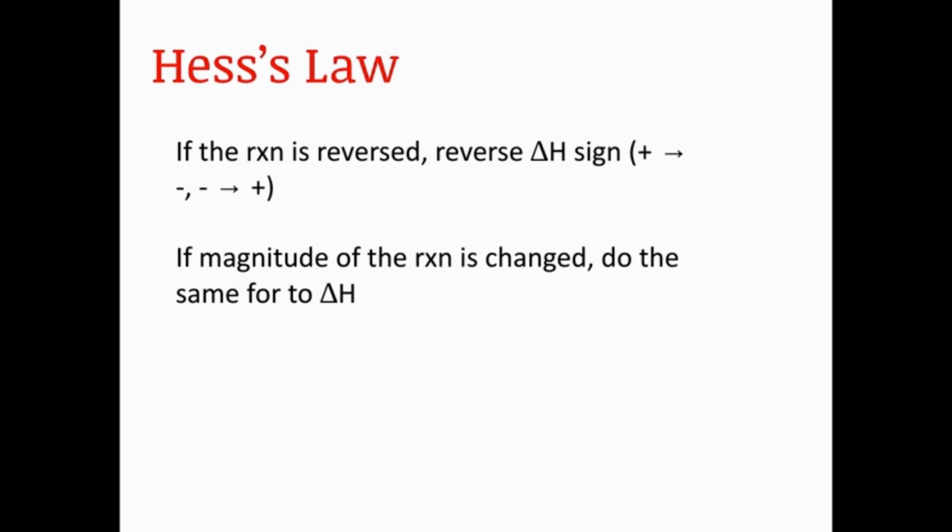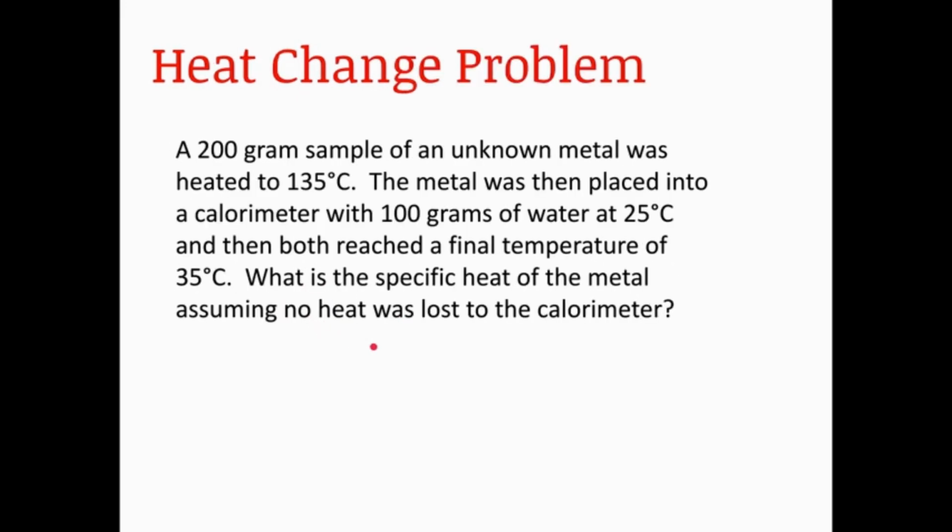But basically, if you flip a reaction, you have to reverse the sign of change in H, so positive to negative, negative to positive. And if the reaction is multiplied, then you do the same thing for the change in H, or the change in enthalpy.